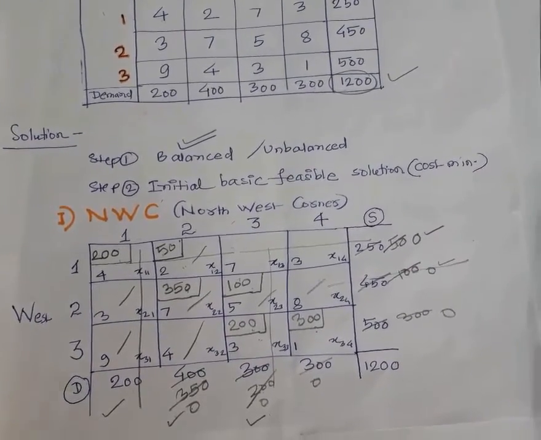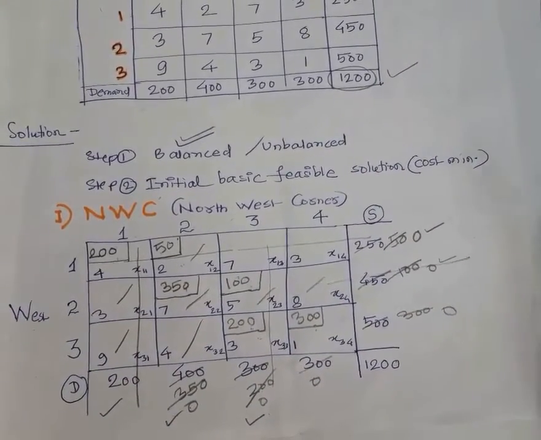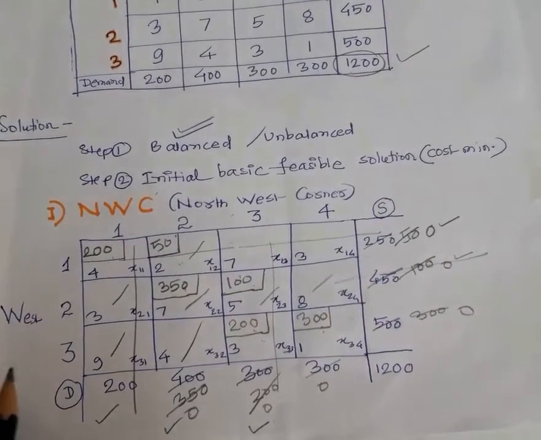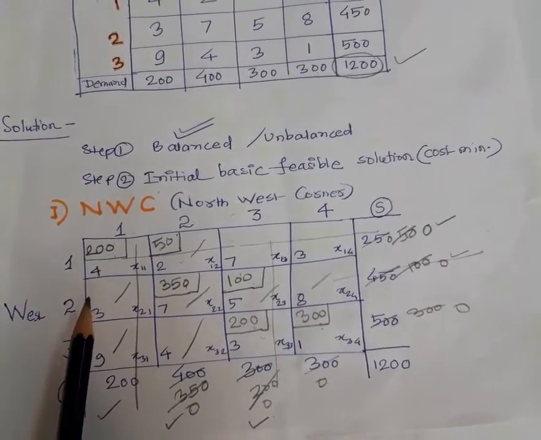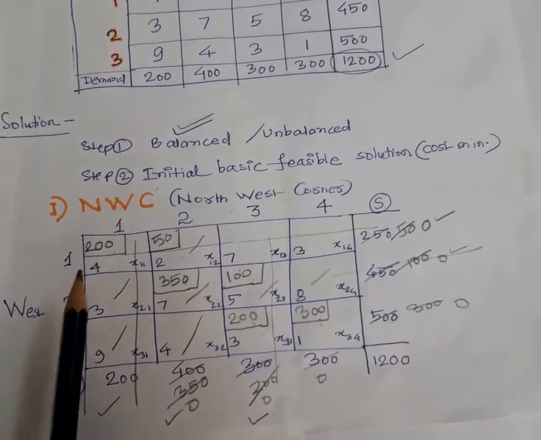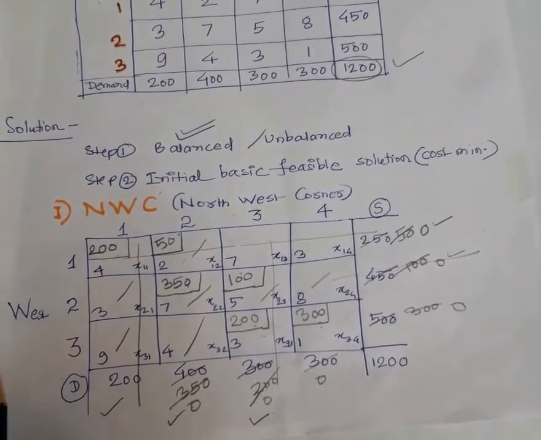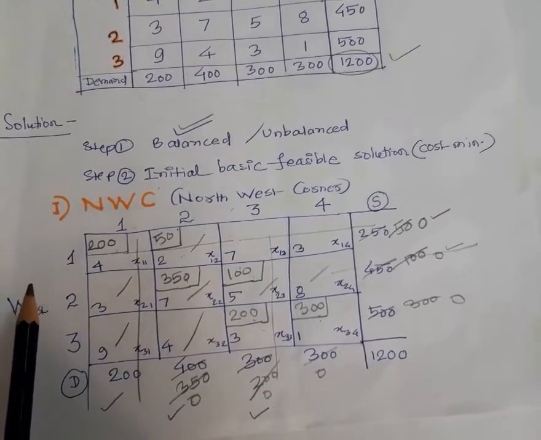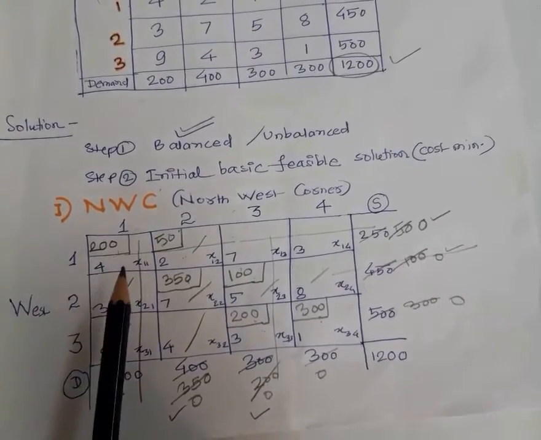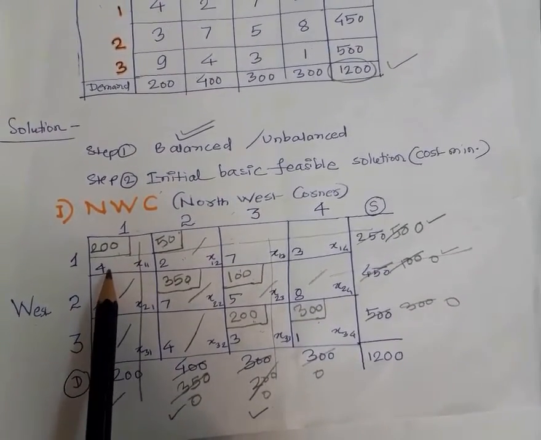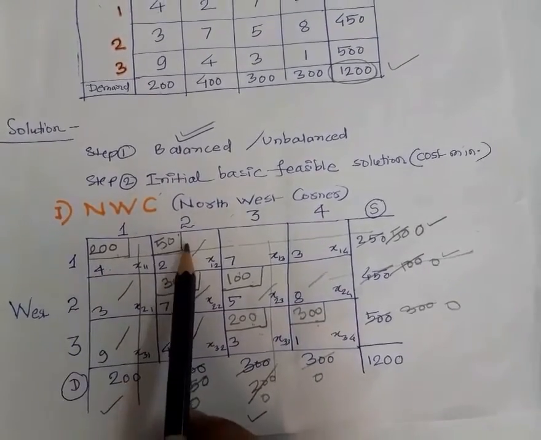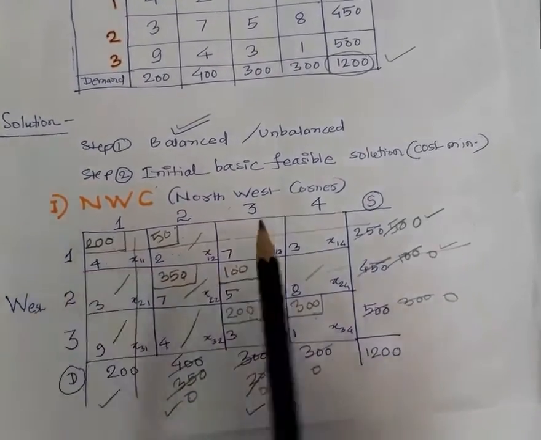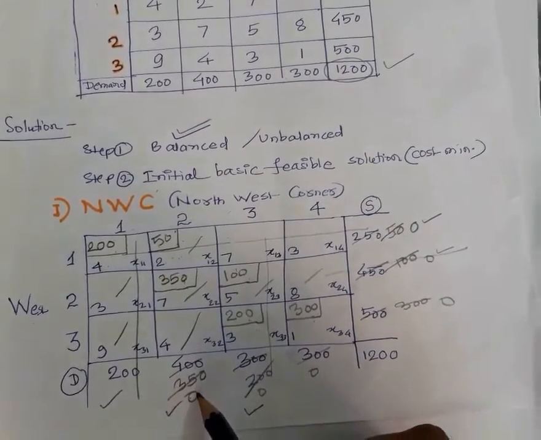Now we will find the initial feasible solution. After allocations, we have to find the initial basic feasible solution. Now from this matrix of transportation cost, we can find the optimum cost of transportation by the equation like 200 into 4 plus 50 into 2. 2 is the unit cost of transportation and 50 is the allocation of demand.